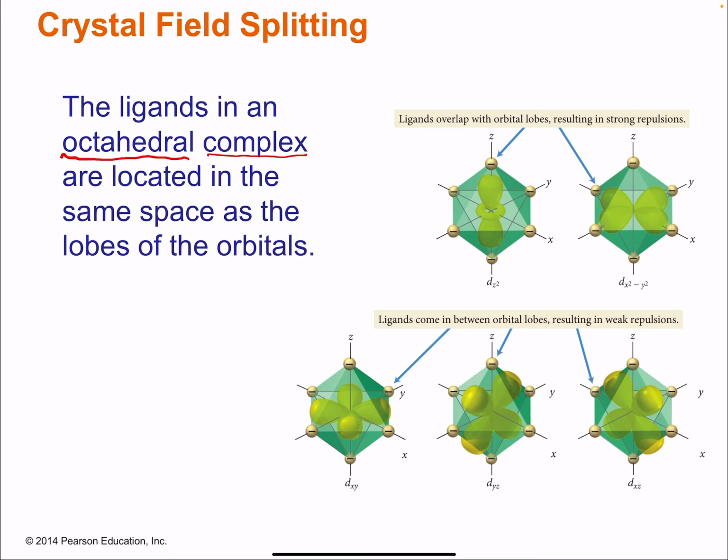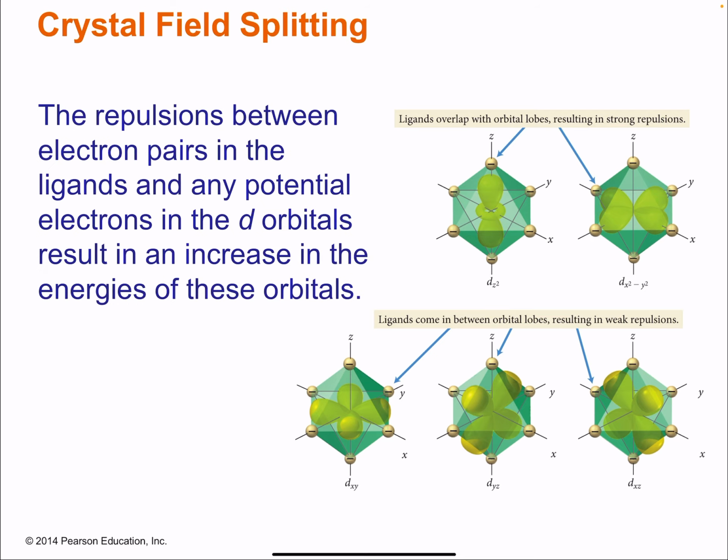I mentioned that the off axis orbitals experience less repulsion, and the on axis orbitals create a greater repulsion. So that's how that splitting takes place, because of the amount of repulsion.